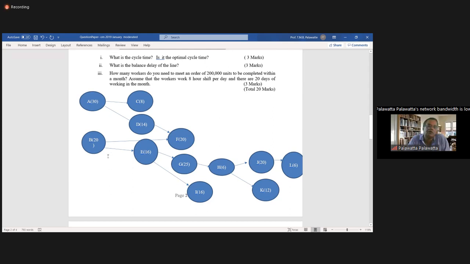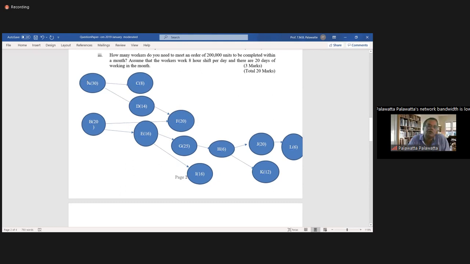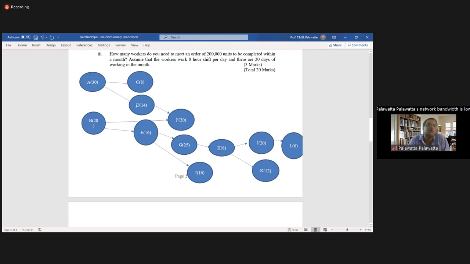So it's above 65. Therefore, I decided to allocate D instead of E, and then it becomes 64. That's how I allocated ABD for workstation 1. Once A is allocated, C and D are feasible. Once B is allocated, E and F are feasible. So I first allocated A, then B, and then D.